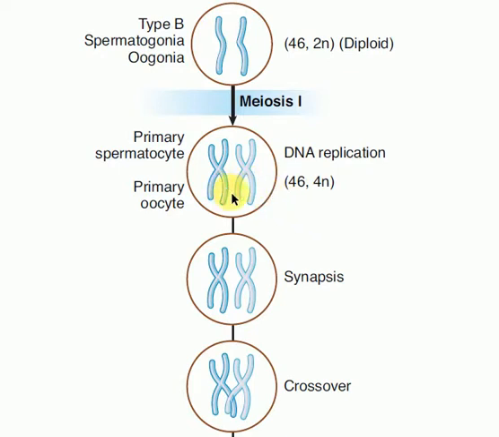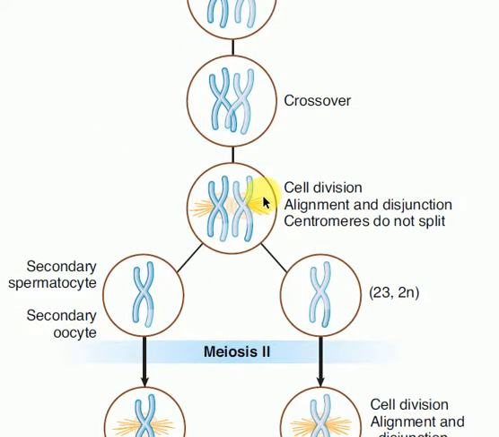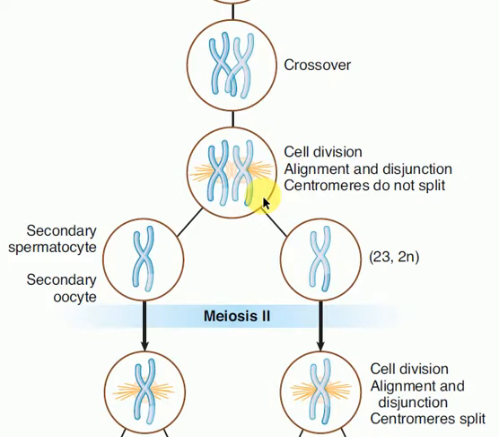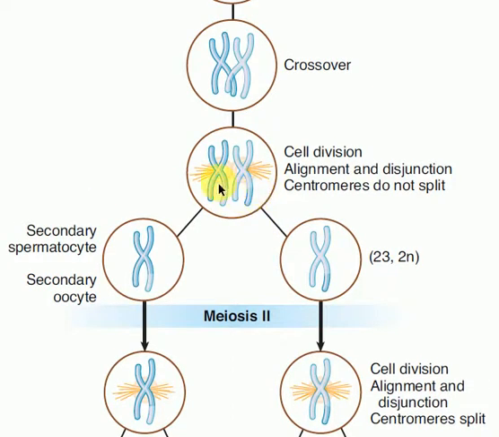Now this pair of chromosomes undergoes a cell division, which is the first meiotic division, and each of these pairs of chromosomes goes into each daughter cell. This chromosome goes into this daughter cell, and this chromosome goes into this daughter cell. So each member of this pair of chromosomes separates and goes into each daughter cell.